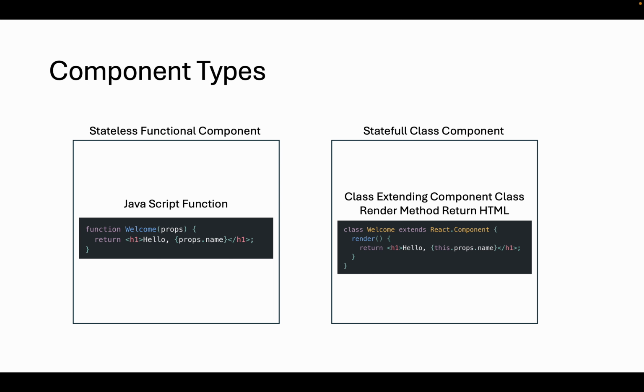It is required for a stateful class component to have a render function in which it returns HTML for you. So we have two types of components: stateless functional components and stateful class components. Keep it in your notes. We will be using both of them a lot in our series.